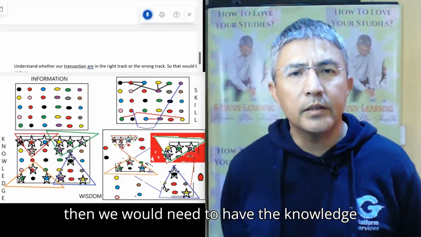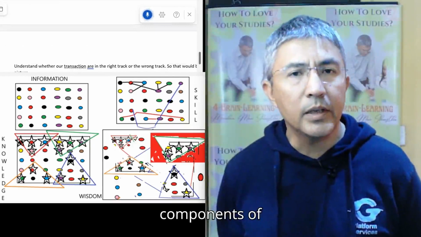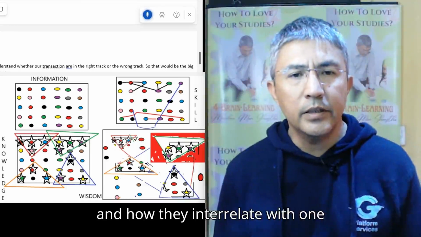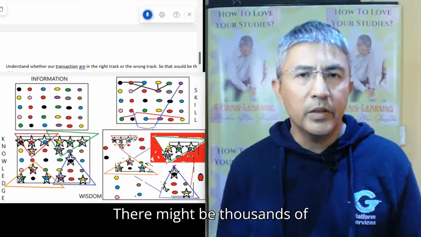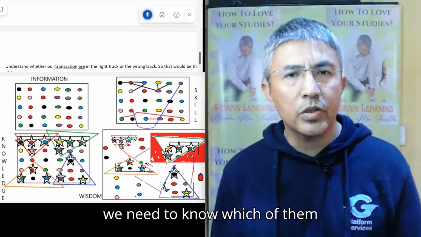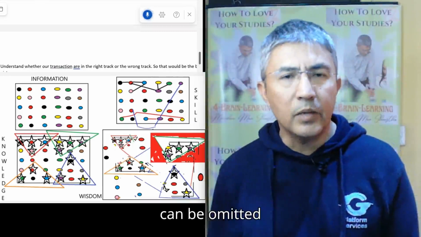Then we would need to have the knowledge between the various components of the report and how they interrelate to one another. There might be thousands of numbers. We need to know which of them are the most important. Which value can be omitted?